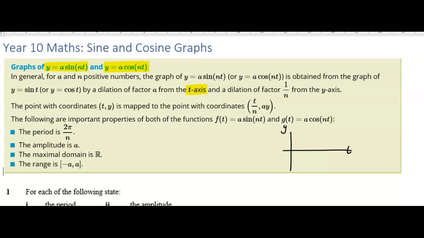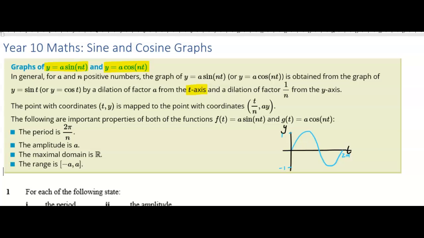Now, your basic sine graph looks something like this, which we know goes from -1 up to 1, and it completes one full cycle in 2 pi radians, or 360 degrees.